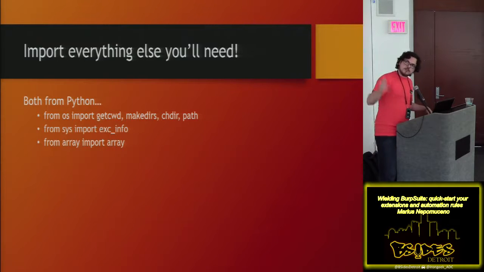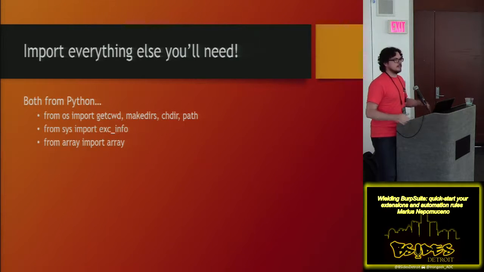Either from Python, so do your from os import getcwd, makedirs, chdir, path for directory operations. From sys import exc_info, that's good for debugging and outputting messages about your extension. From array import array, that's one of the ones that I had to use because BurpSuite is built in Java, so sometimes I need to use an actual Java array, and then I have to convert things from a Python list to a Python array, and then from a Python array to a Java array, but it works out.